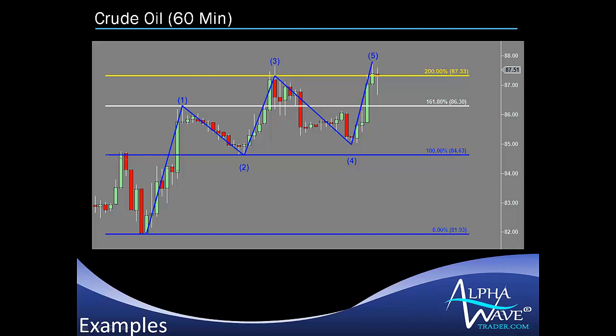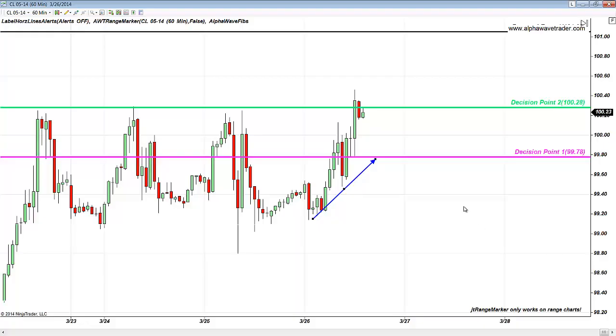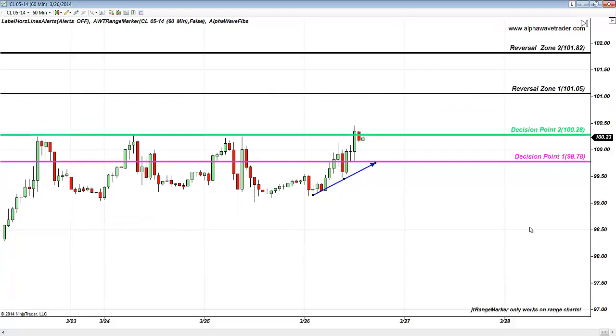You remember what that number was, correct? Guess what? It's a reversal zone, 1 hour. The end of the minor trend on daily is the end of the major trend on hourly. We see that all the time.